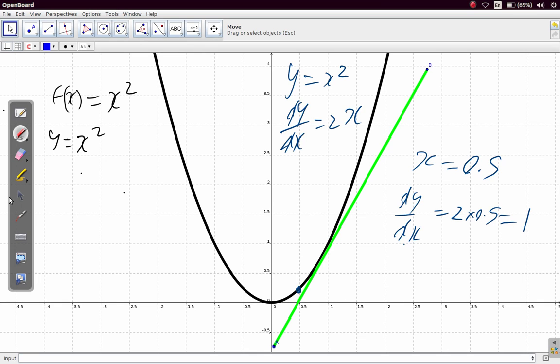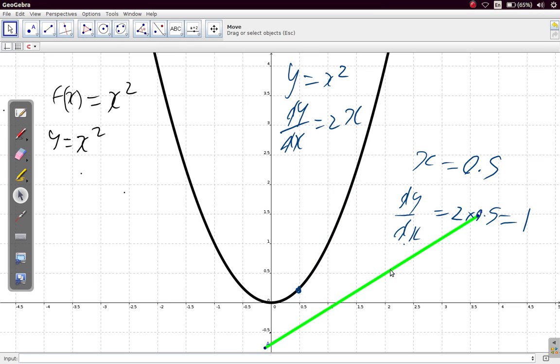So if we have the tangent here, let's move our tangent. We need to adjust the angle of our tangent line, and we put it here. This is a tangent at x equals 0.5. The gradient of this tangent is 1. Therefore, you can say the gradient of the curve, when x is 0.5, is 1.